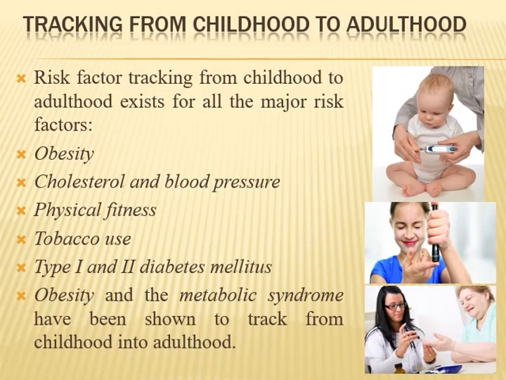Type 1 diabetes mellitus is a lifelong condition. The insulin resistance of type 2 diabetes mellitus can be alleviated by exercise, weight loss, and bariatric surgery, but the long-term outcome for type 2 diabetes mellitus diagnosed in childhood is not known. As above, risk factor clusters such as those seen with obesity and the metabolic syndrome have been shown to track from childhood into adulthood.